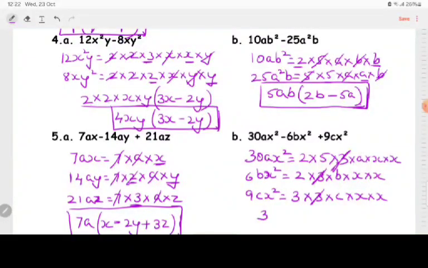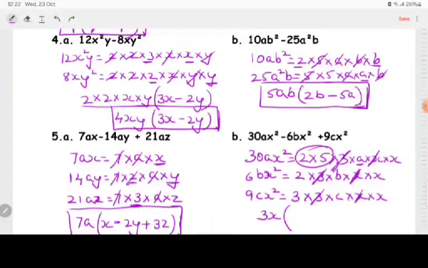Okay. Do we have A in common? No. Do we have X in common? Yes. 1 here, 1 here and 1 here. So I'll bring the X out. Do I have anything else? Nothing else. No, one minute.